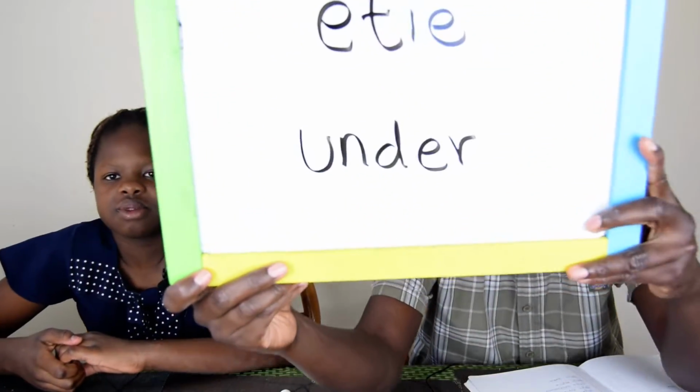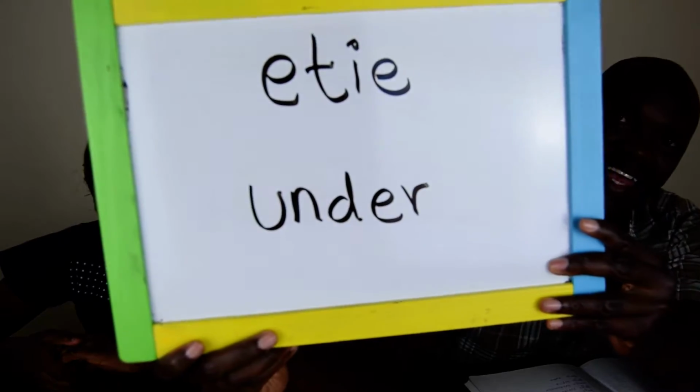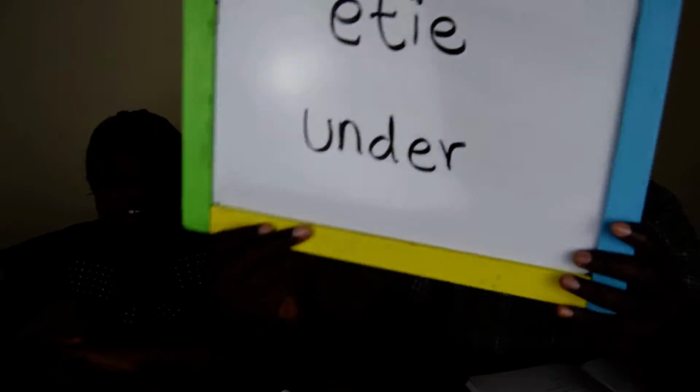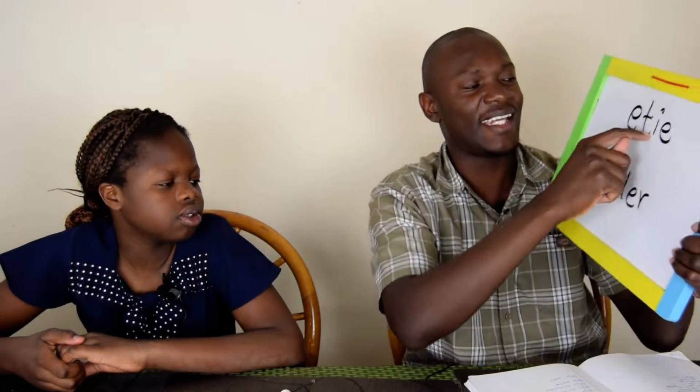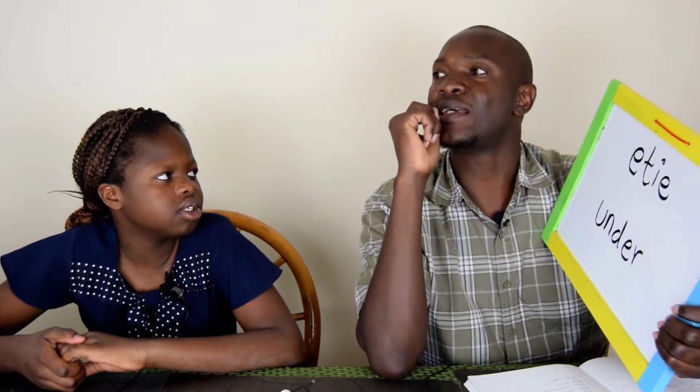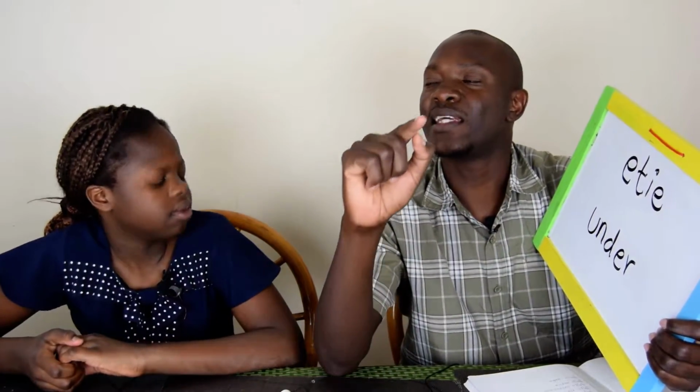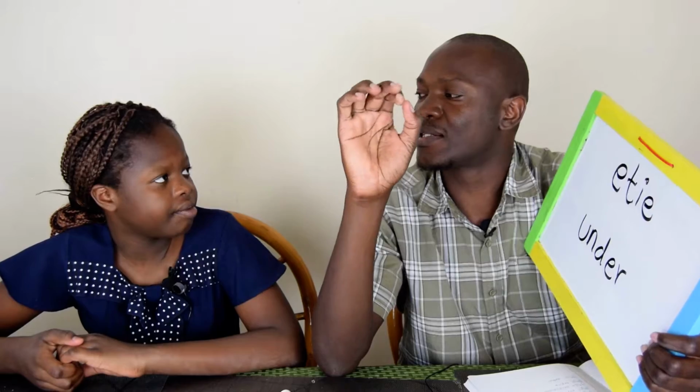The fifth one is etie. And it's also under. Now, the difference between etie and ebuo is that etie looks at things like a tree.